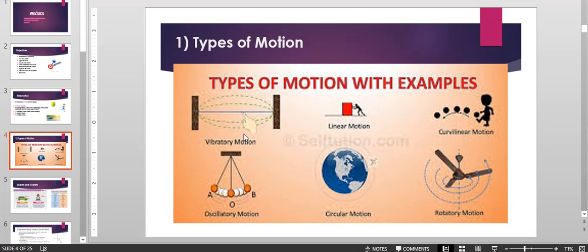Same is the case with the strings of a guitar or a sitar. Or, same is the case in this example, known as oscillatory motion, that is, back and forth motion of this pendulum.